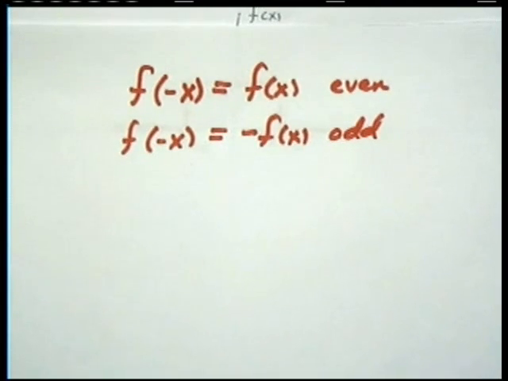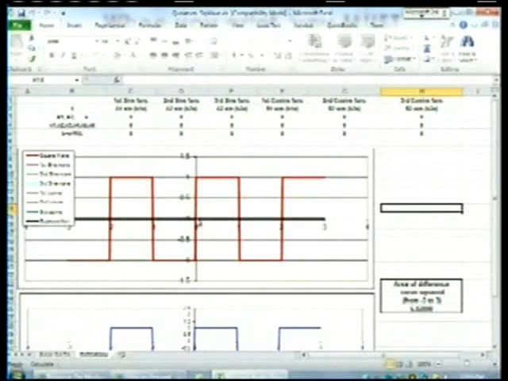So back to my desktop problem here. This is an odd function because if you take a value of x, like say right here, you get 1. But if you went to the negative x side there, you get a minus 1. It's the negative of the function when you flip it about this axis.